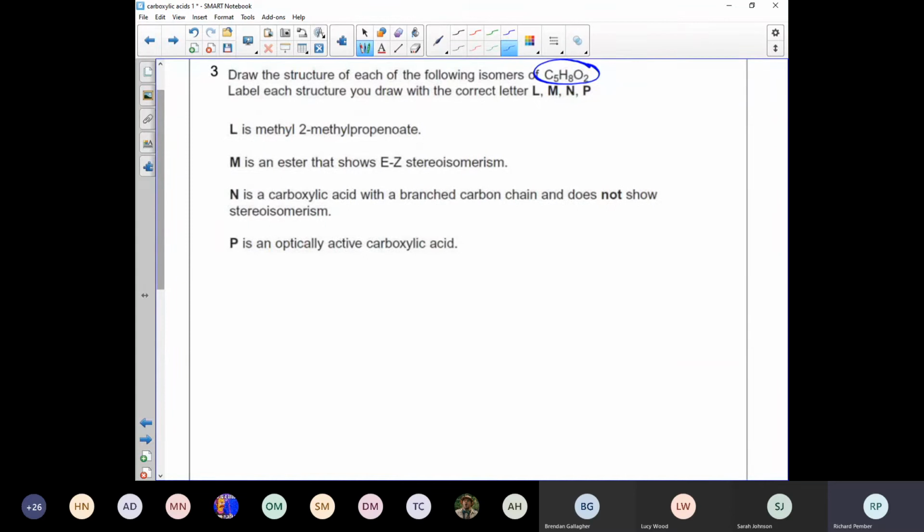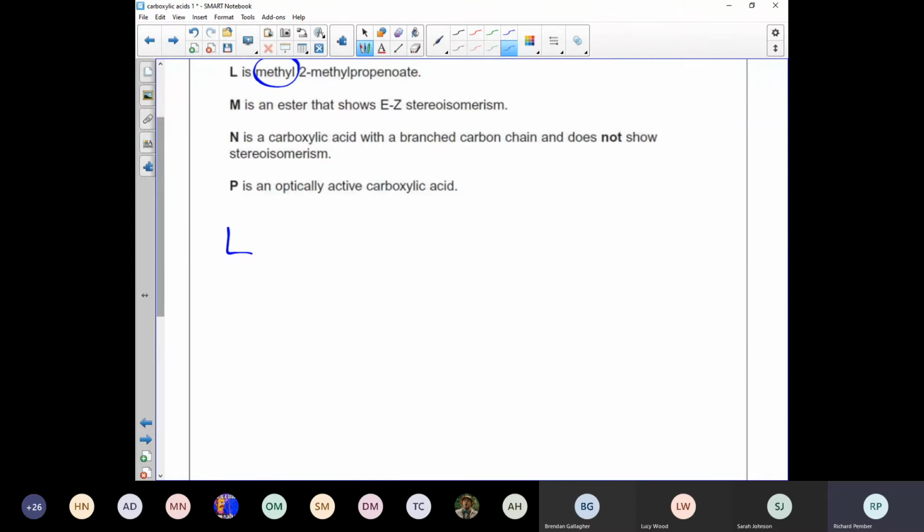So this is the structure of an ester, and it's an ester with a methyl group. So down here, I'm going to have a look at what L is. So I have a methyl group, and I'm just going to put my methyl group on the end there, and then the rest of my ester can start.